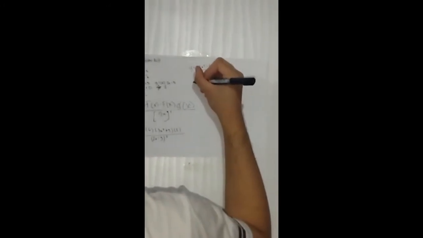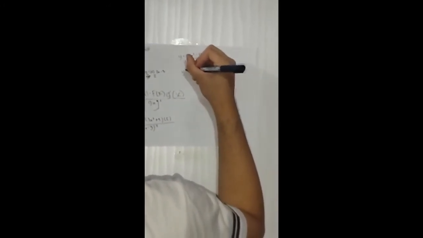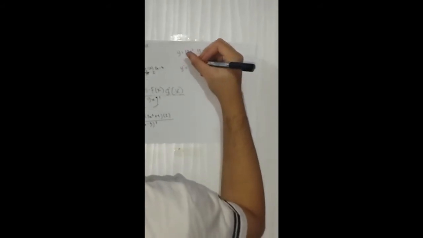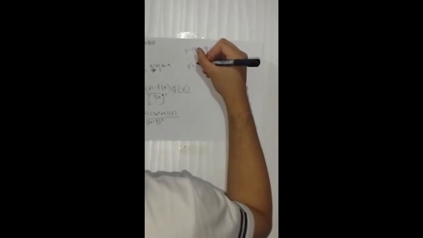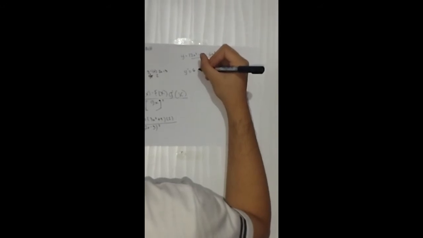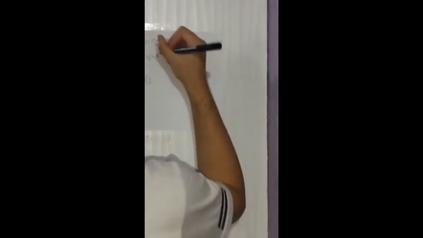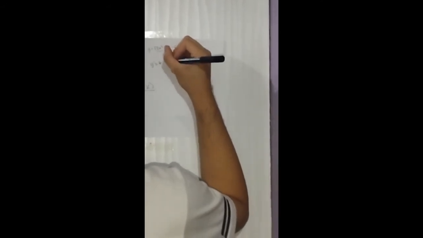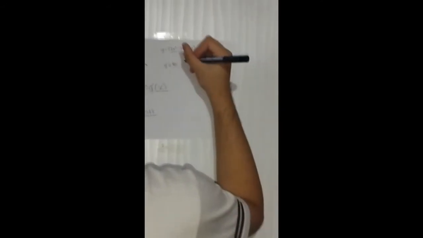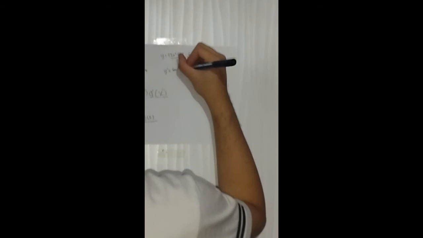Tapos, simplify natin. So, yung y prime is equal to 6x times 2x, that is 12x squared. Then, 6x times negative 3 is negative 18x.